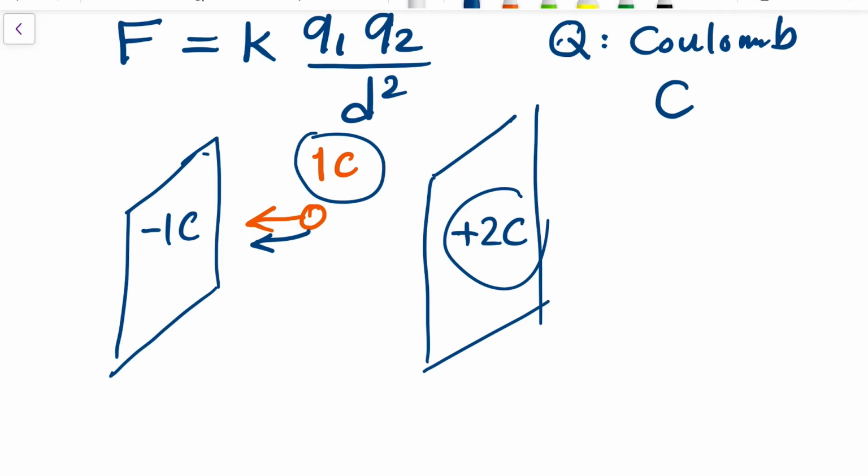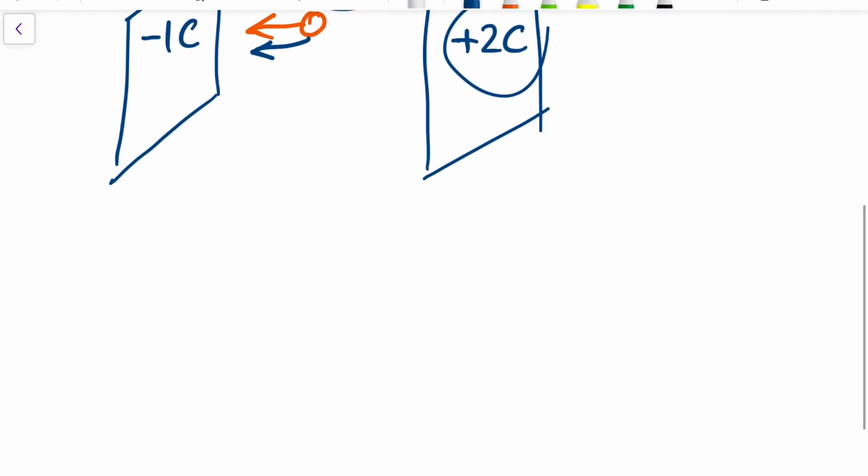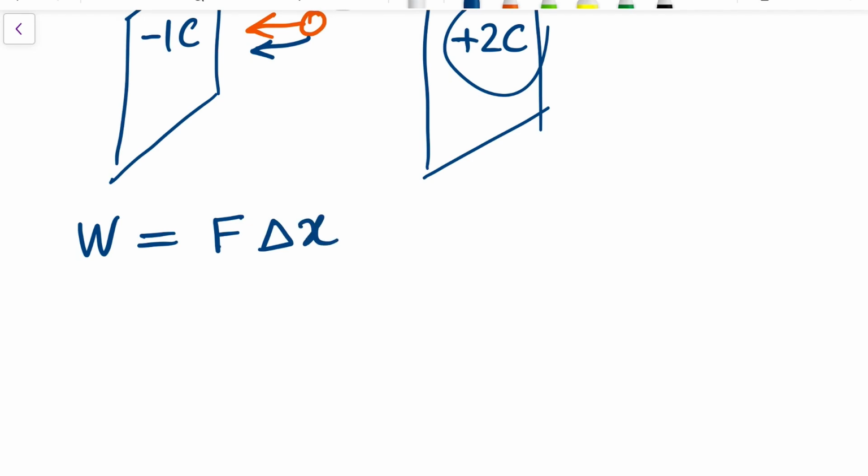Now from introductory physics, we know that when we have a force and displacement, a work is done. The definition of work is force times displacement. And on the other hand, this is equal to the potential energy difference between these two plates.